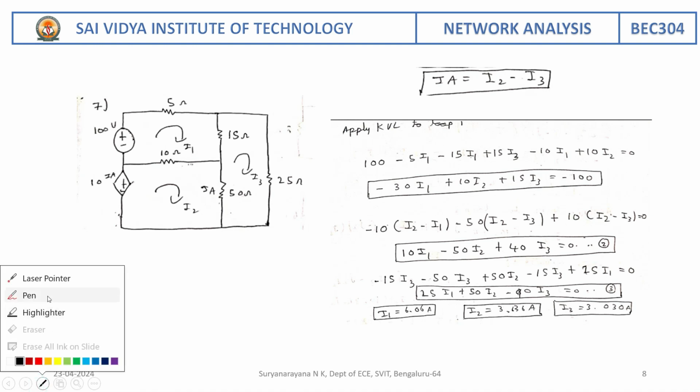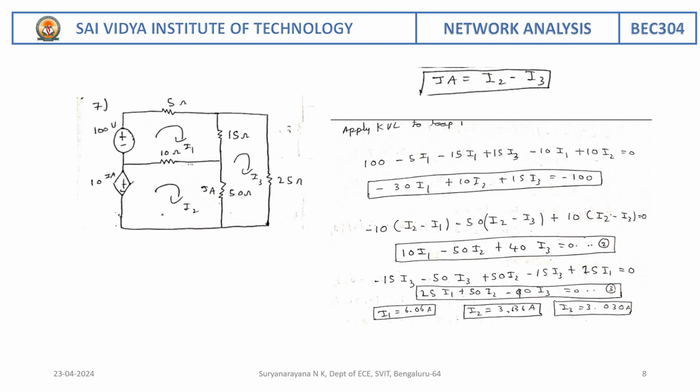So Cramer's rule can be written like this for the equations.